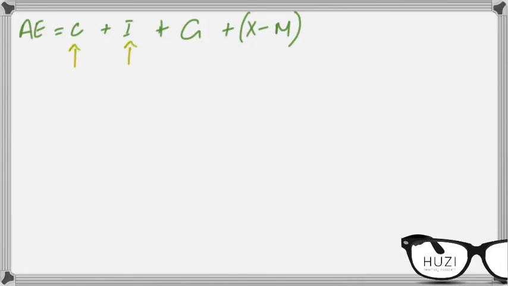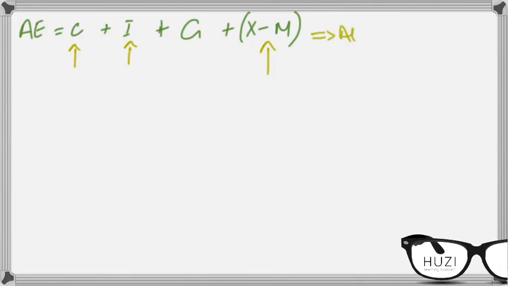So, if you take a look at the entire aggregate expenditure function, this is C plus I plus G and finally plus X minus M. So the overall impact will be a rise in consumption, a rise in investments, nothing for government expenditure, and a rise for net exports.